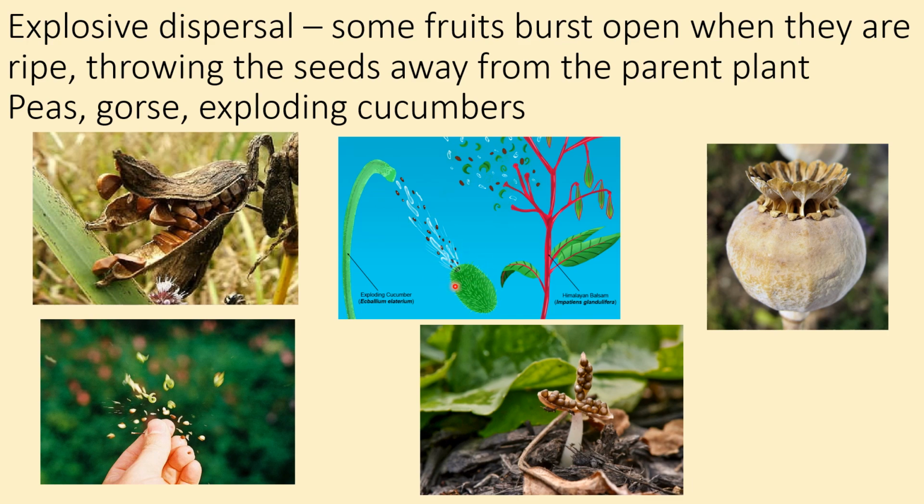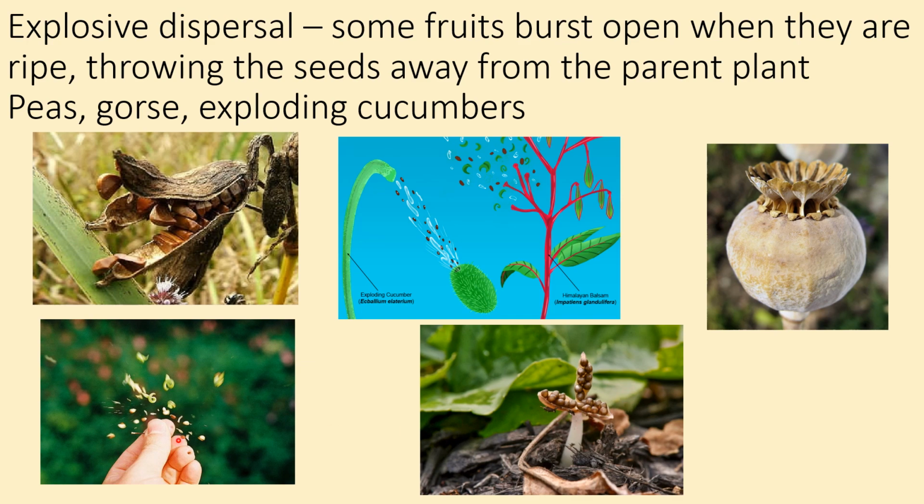So this is an exploding cucumber. I've never seen one. It looks pretty amazing. So it pops off the stalk, and as it does, it flings these seeds out behind it. Here's another plant that's adapted for explosive dispersal. And these two, when the seed pod is ripe enough, it bursts open and these seeds are flung out.